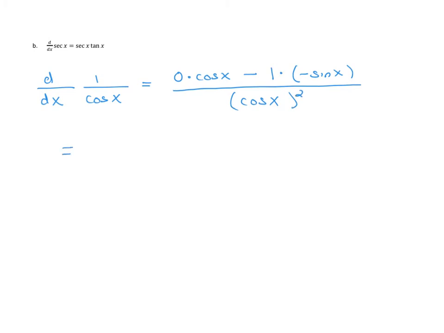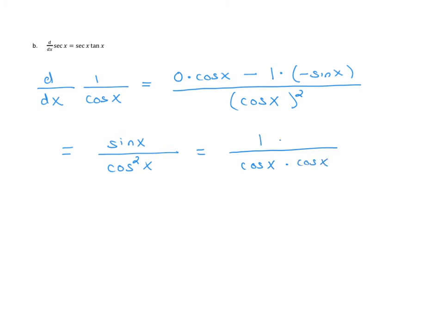What does this simplify to? Well, this is 0. I'm not going to write it. Negative 1 times this negative becomes a positive, and I'm left with just sine. And I'll write my denominator as cosine squared of x. All right, for some reason, this is also the same thing as secant times tangent. And why might that be? Well, we can actually write the denominator as cosine x times cosine x.